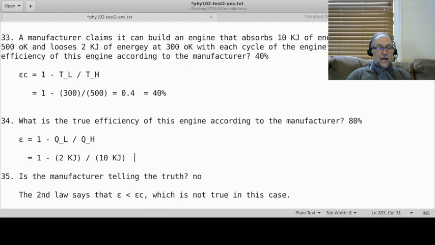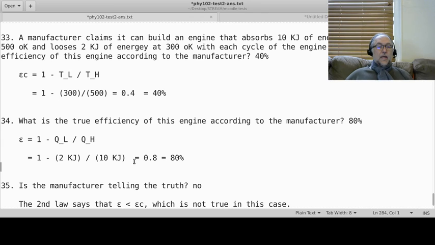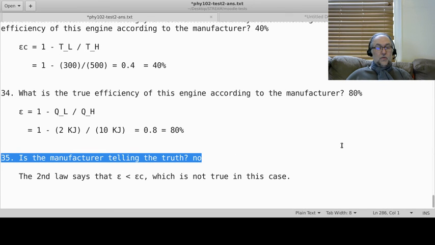Okay, if you work that out, that works out to be 0.8 or 80%. Okay, so the manufacturer is claiming that the true efficiency of this heat engine is 80%, which would be remarkable. Okay, and so is the manufacturer telling the truth? Nope, they're not telling the truth.